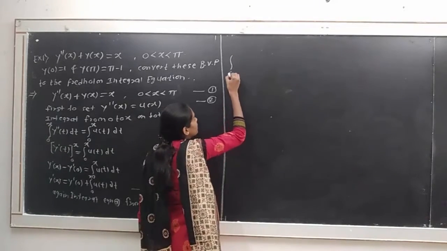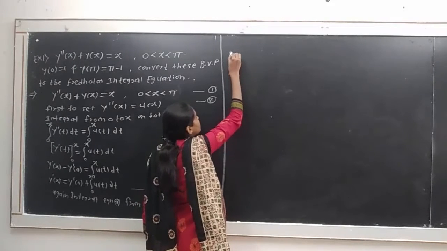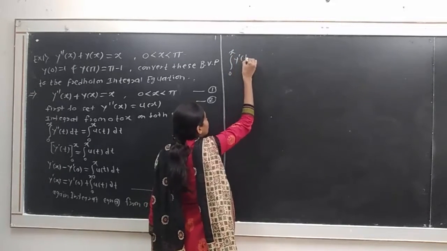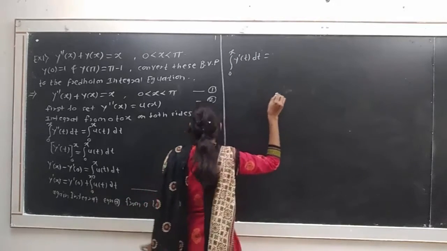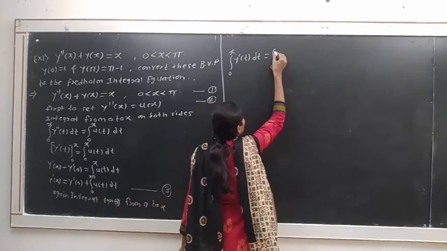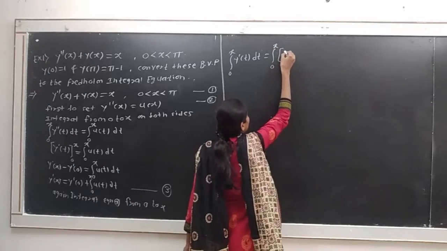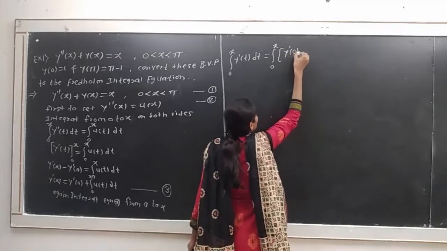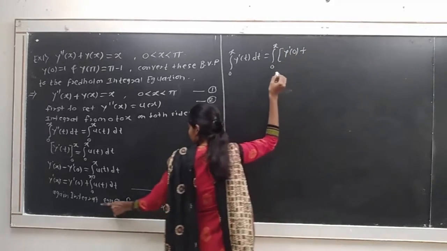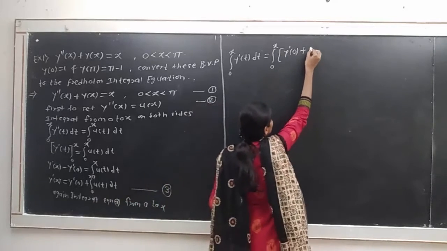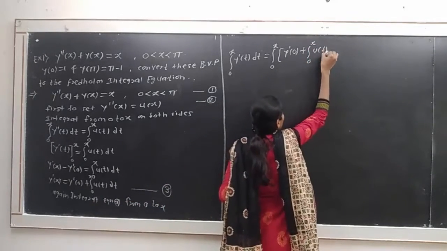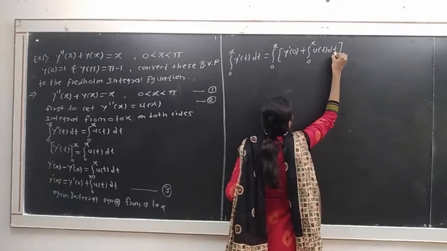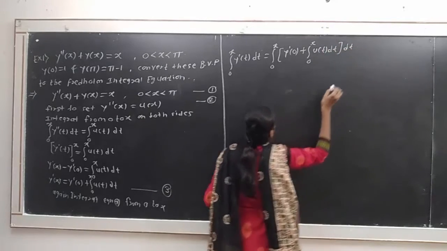We write the integration from 0 to x of y dash of t dt is equal to, on the RHS, the integration from 0 to x of, in brackets, y dash of 0 plus the integration from 0 to t of u of t dt, into dt.